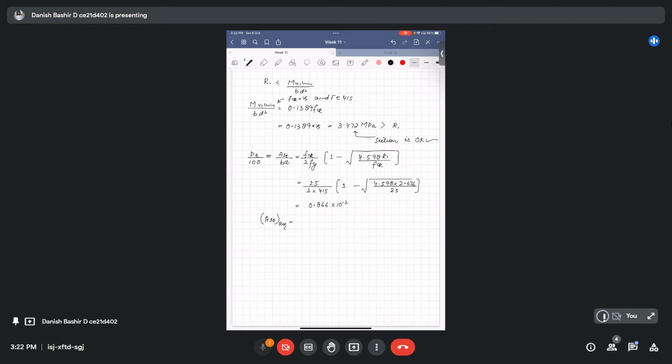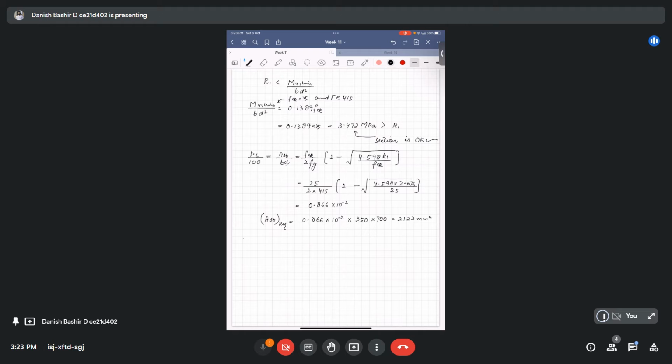AST required is equal to 0.866 by 100 multiplied by BD, where B is 350 and D is 700. When you calculate this, it comes out to be 2122 mm square. So we have to distribute this area between the number of bars.